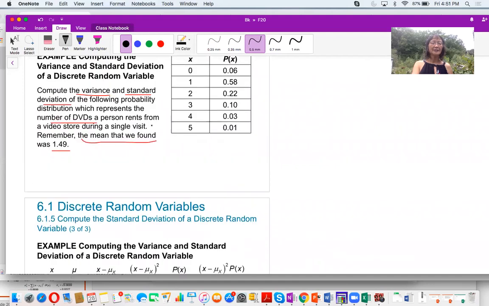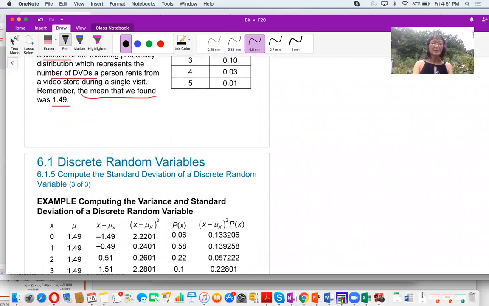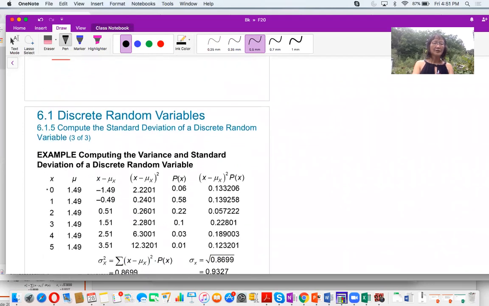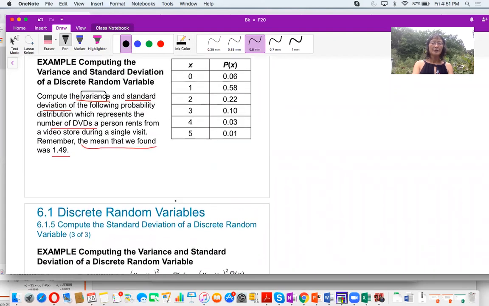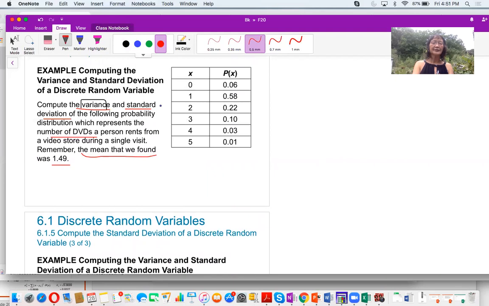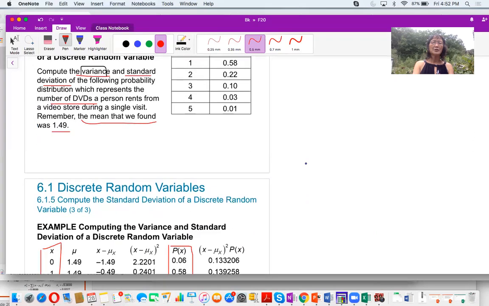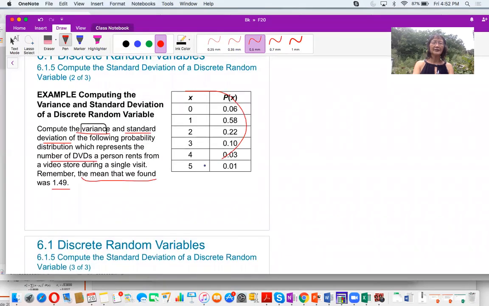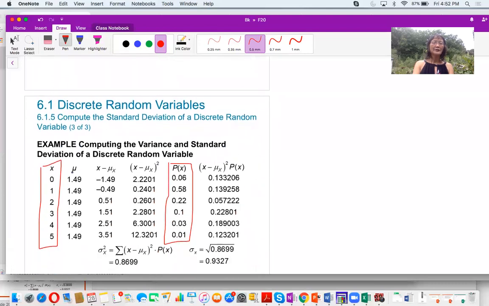So let's calculate the variance for this question here. The original data gives you X and you have P(x). Those come from the original data here. We already calculated mu. Mu is 1.49.